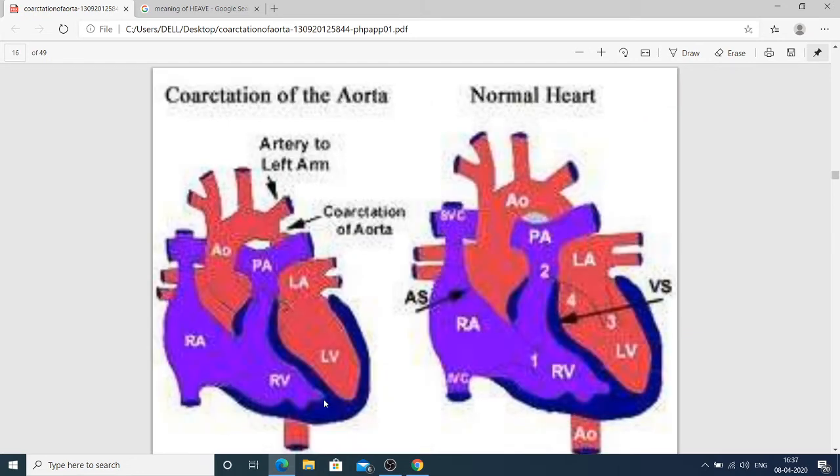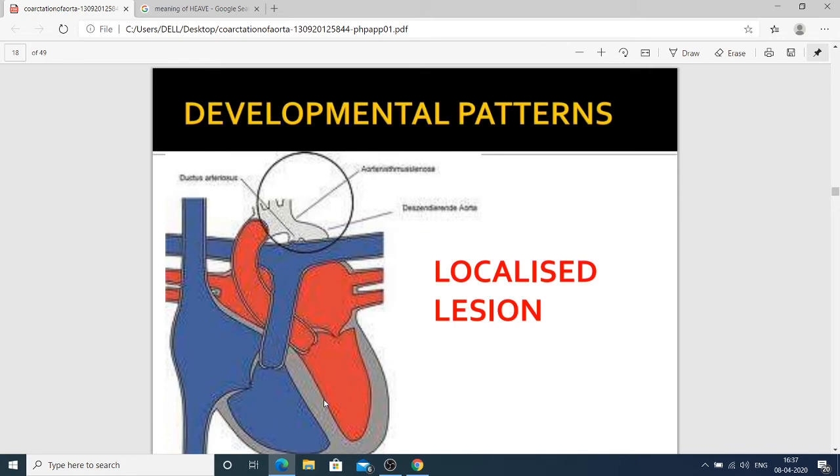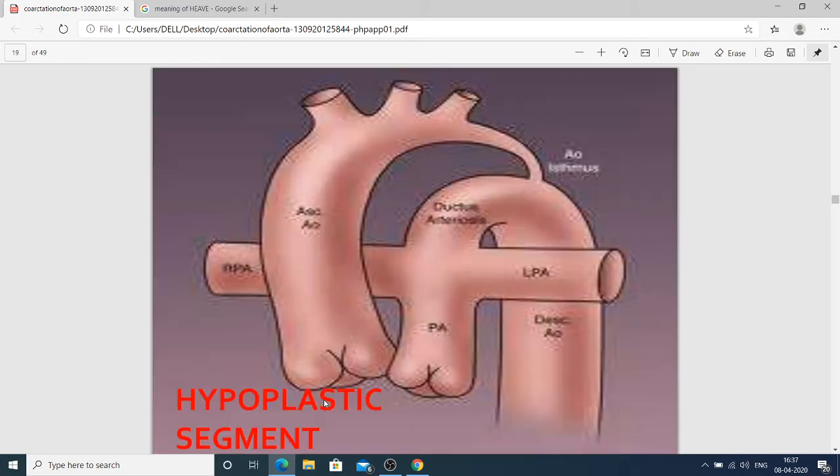Then next is the diagram of coarctation of aorta compared with a normal heart. Then development patterns.